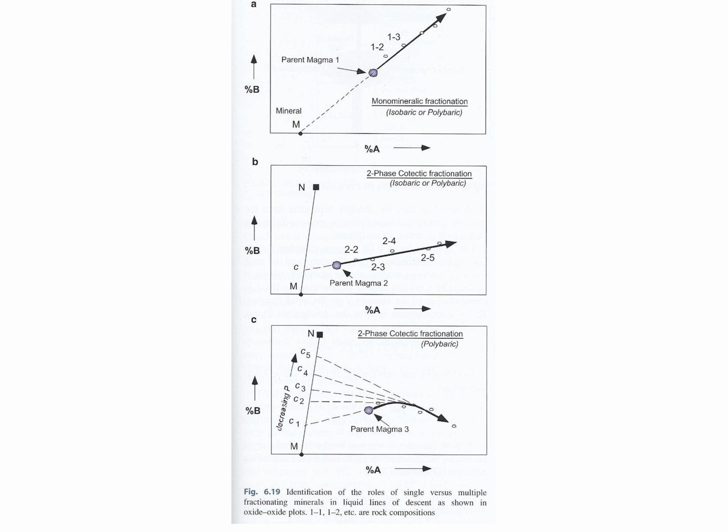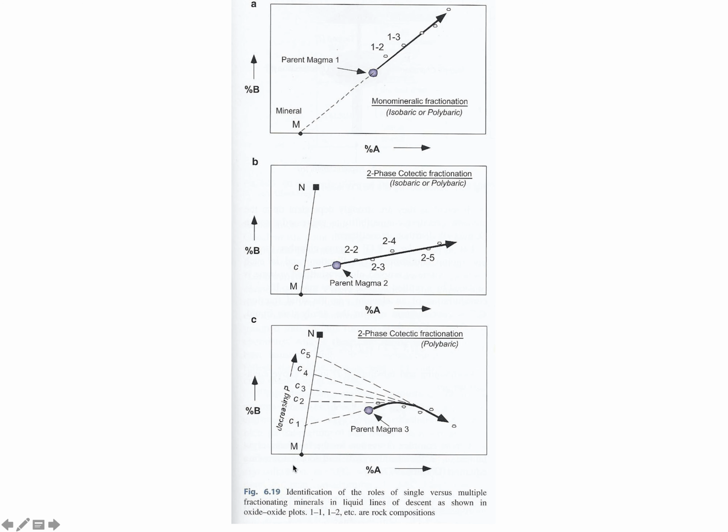And here, for example, we have a two-phase cotectic fractionation, polybaric, not isobaric. Then we have the trend of the parental magma 3, and here we have the mineral fractionation trend.